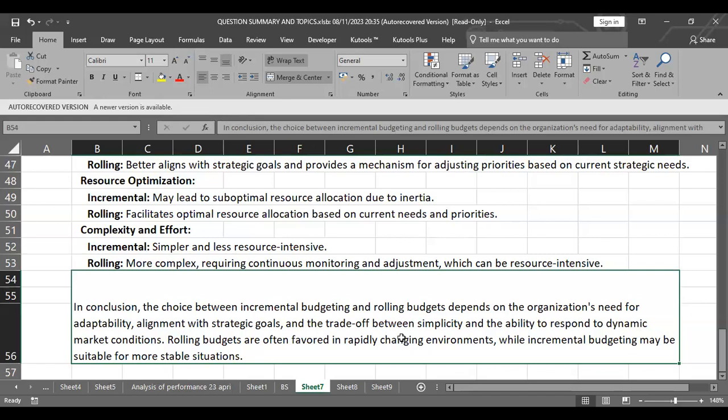A rolling budget's changes are adapted to more frequency within short intervals, while incremental is adapted to long-term changes. So for this case, incremental is for long-term changes, while rolling budget is for short-term changes. I hope I've answered your question.